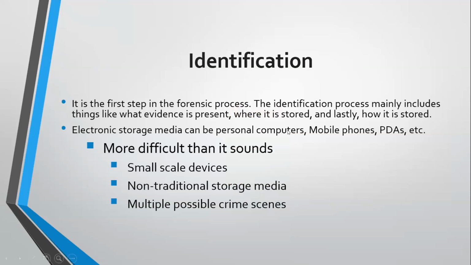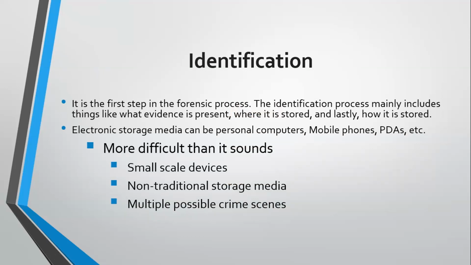So, the identification phase in detail. This is the first step in the forensics process, and it finds the evidence and notes where it is stored. The identification process mainly includes what evidence is present, where it is stored, and lastly how it is stored.